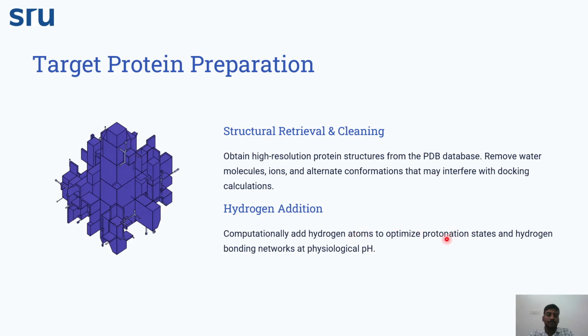During the crystallization process, there will be many breakages and mis-structures formed in terms of hydrogens. So we have to add appropriate hydrogen atoms wherever necessary, and adjust the pH of the proteins accordingly. These are the main pre-processing steps we have to take care of during protein processing, which is also called target protein preparation.